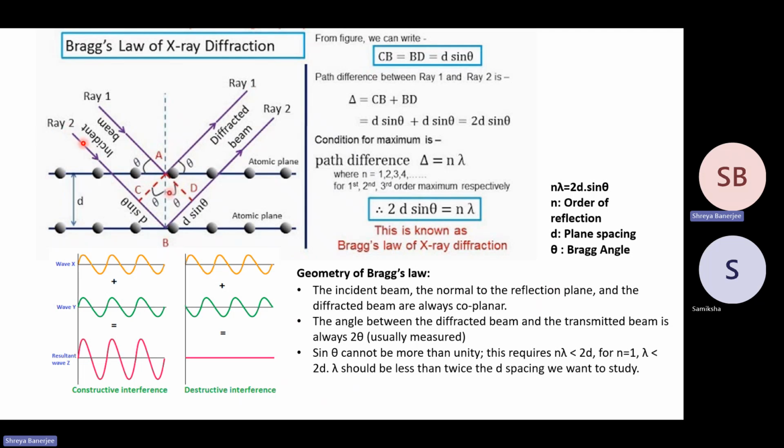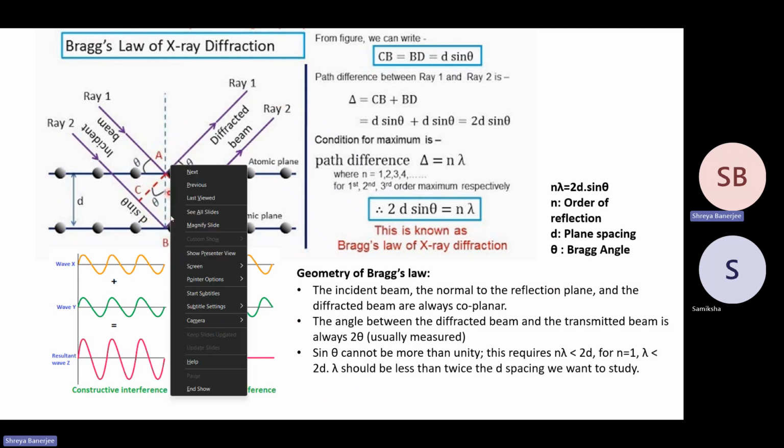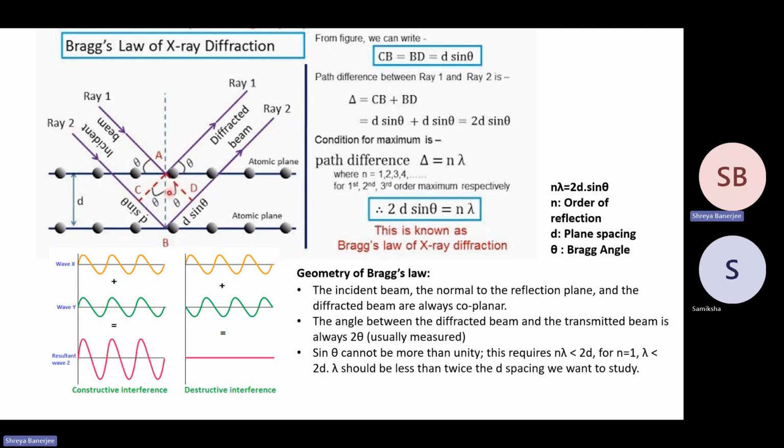Ray 2 is passing through the top layer, hitting the bottom layer and getting diffracted. So there is a certain path difference between the two rays. So this path that I've marked, this red line plus this red line, this is the extra distance that ray 2 is traveling compared to ray 1.